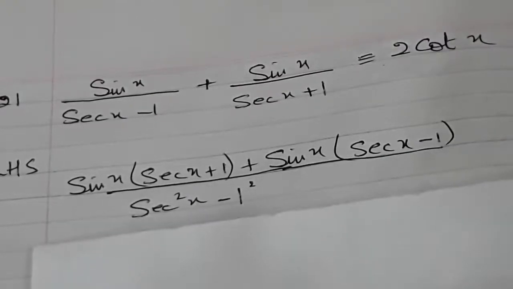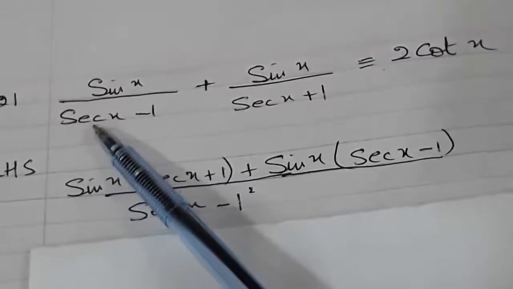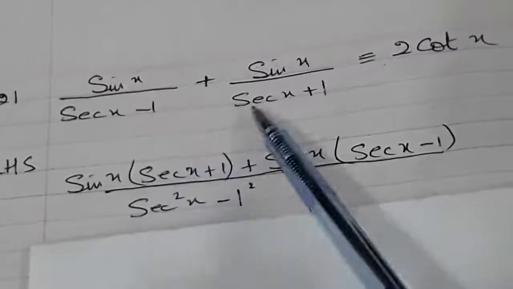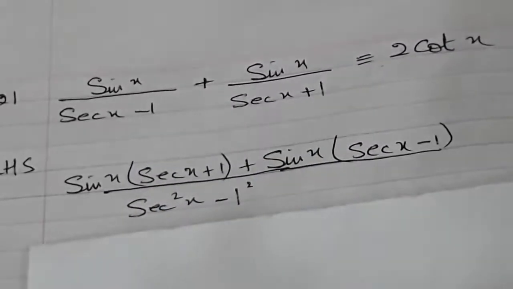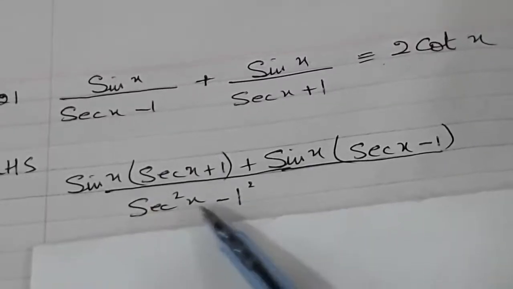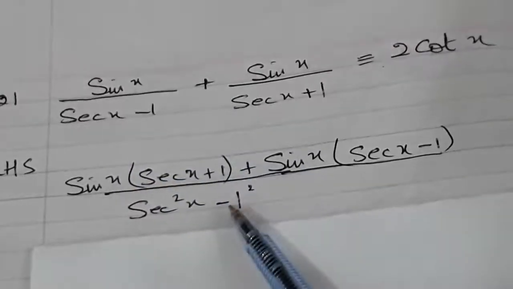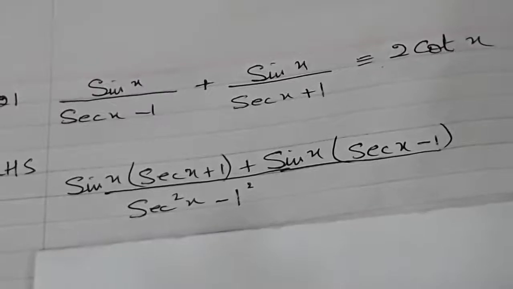So I have taken LCM, and because the denominator reminds me of the form a plus b, a minus b, a plus b, because they are the same but the sign is different, I am changing it into a square minus b square form. So it is this square minus this square. Agree?